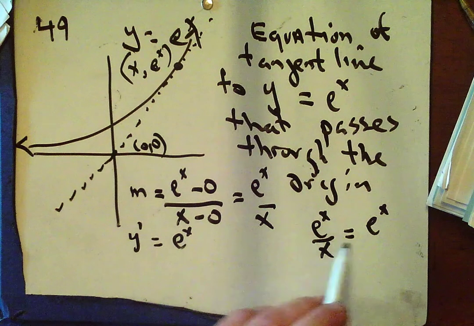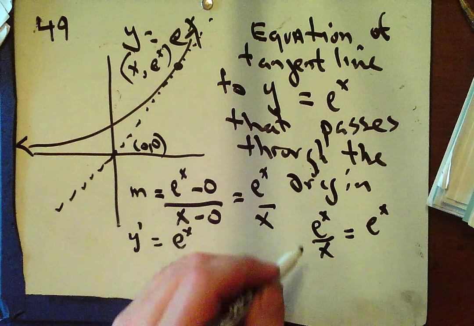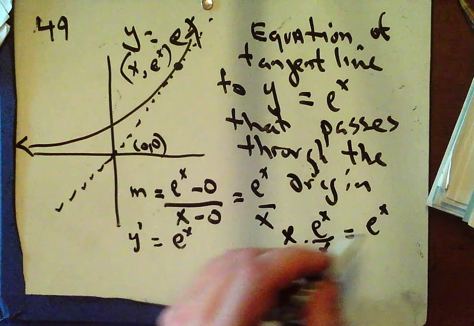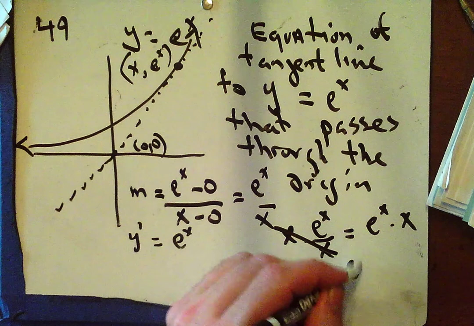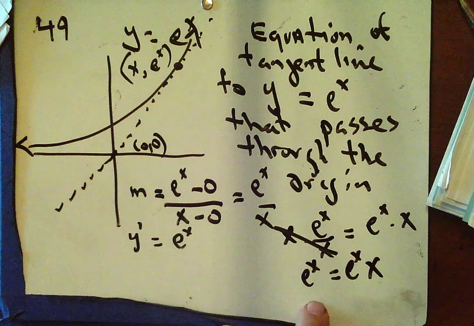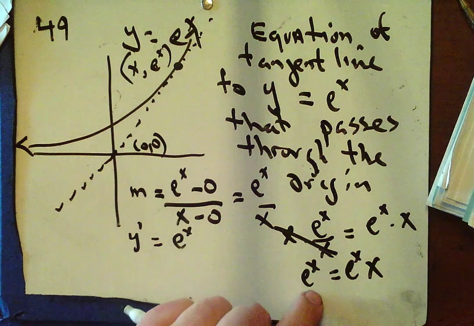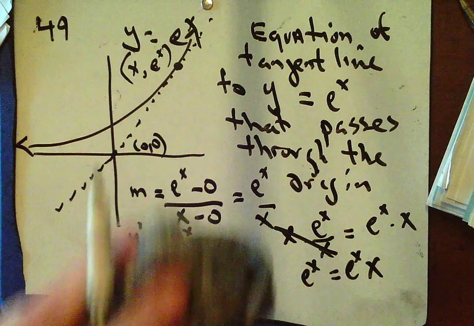Okay, so we've set the two slopes equal to each other. I'm going to multiply both sides by x. Okay, e to the x equals e to the x times x. And this is an opportunity to really screw things up sometimes. It wouldn't be so problematic in this situation, but I want to get all the stuff on one side and factor.